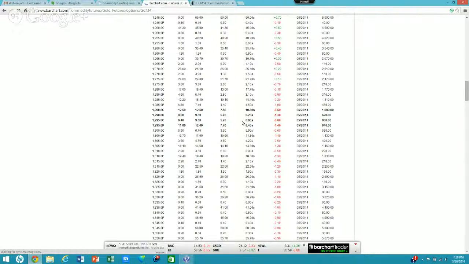You could buy the 1295 put for $840, and then you could sell the 1285 put. So that would cost you roughly $400 to put that spread on. Our maximum profit potential on that particular spread is $1,000 less the cost of putting the trade on, which we already know is going to be $400 plus whatever your commission rates are.